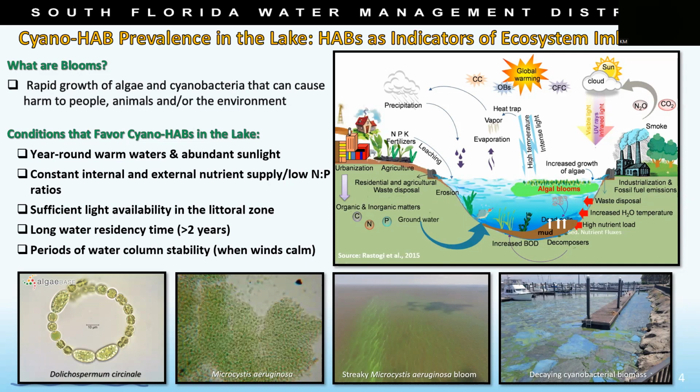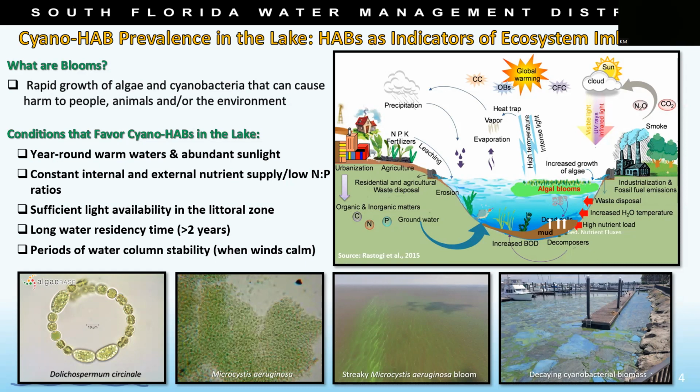So why is Lake Okeechobee such an ideal aquatic system for those blooms to develop? Well, it's because there's a lot of nutrients in the system. That's first. And the western part of the lake is pretty shallow and warms up pretty quickly. There's enough light for blooms to form.